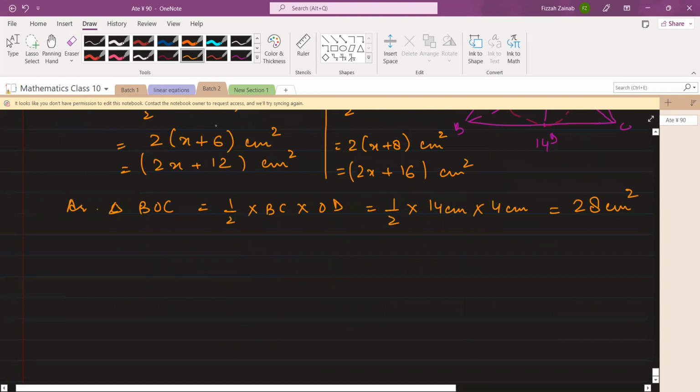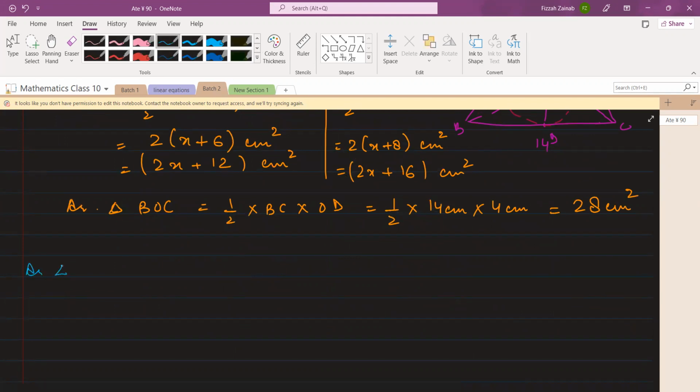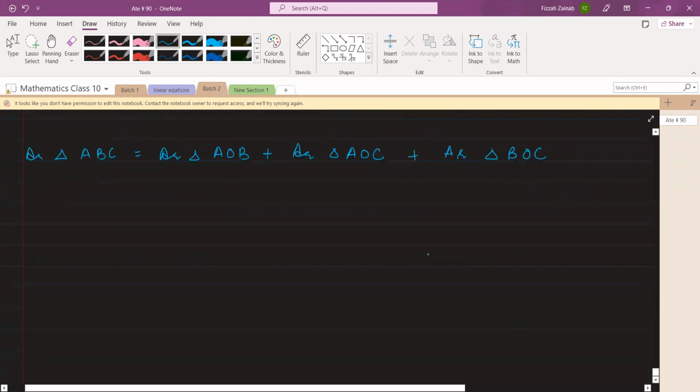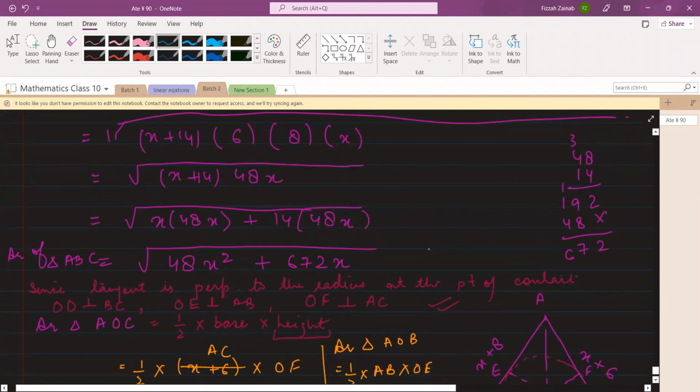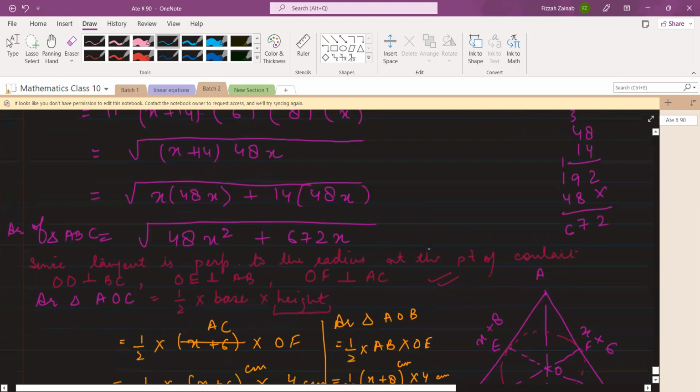Now we can just combine everything. So area of triangle ABC is equal to area of triangle AOB plus area of triangle AOC plus area of triangle BOC, right? So area of triangle ABC I have just found: root of 48x square plus 672x.